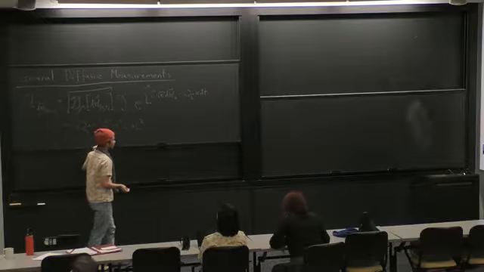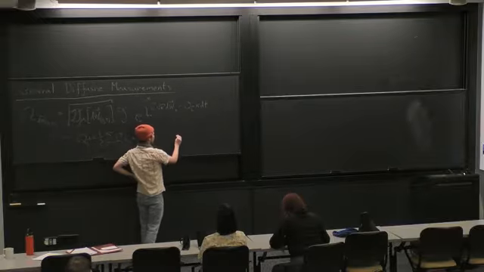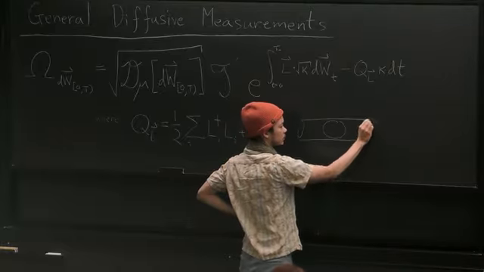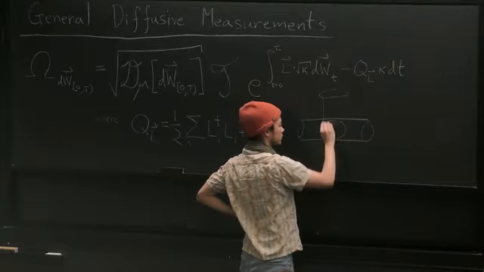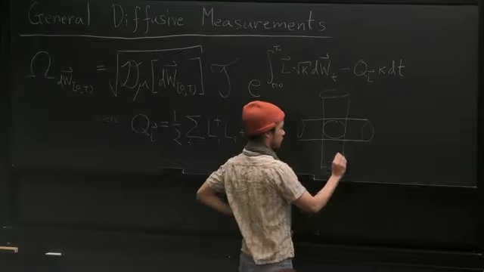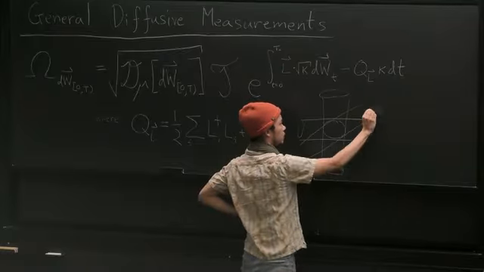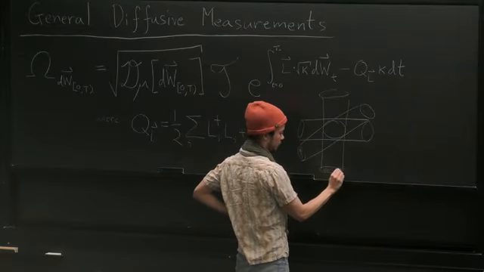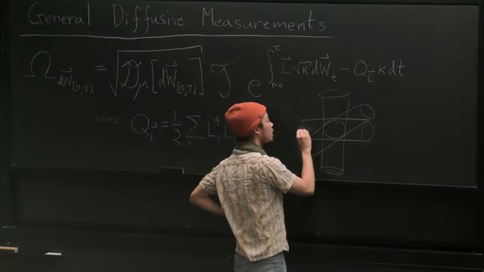My favorite example again is if you have a spin system, you can couple polarizations to it. This is the hardest example.